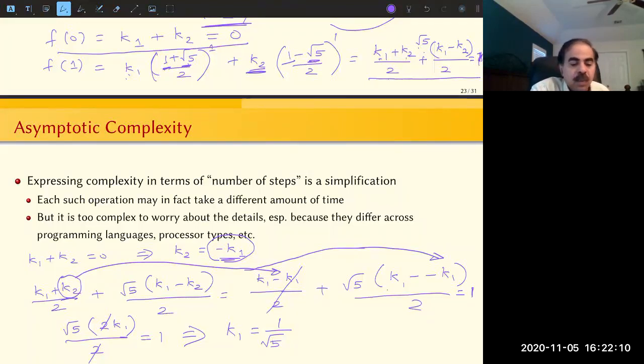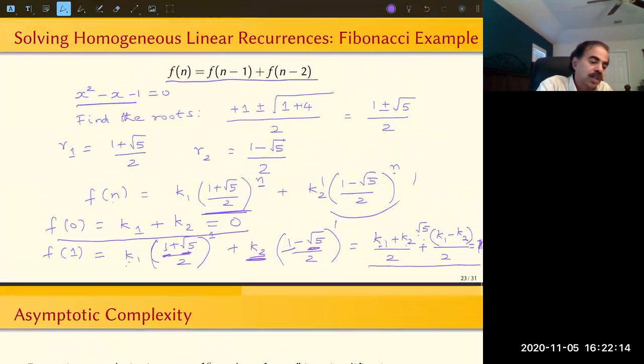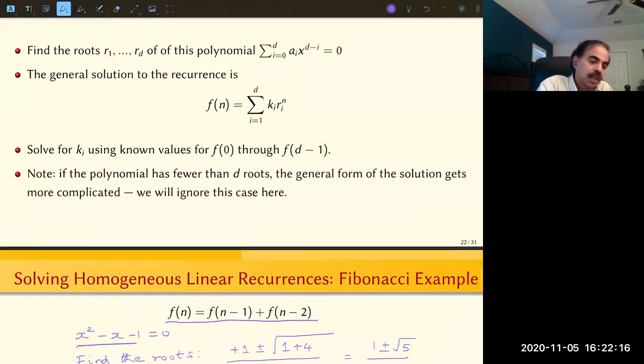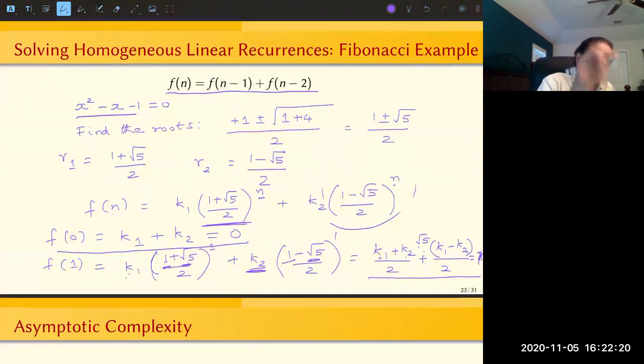So we have the solution for the equation. We can replace k1 by 1 by square root 5, which is what we did by solving it, and k2 by minus 1 by square root 5.